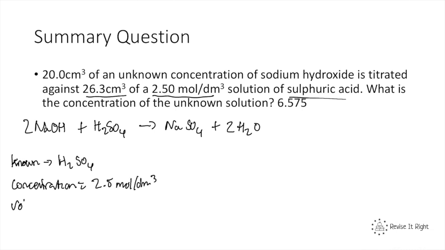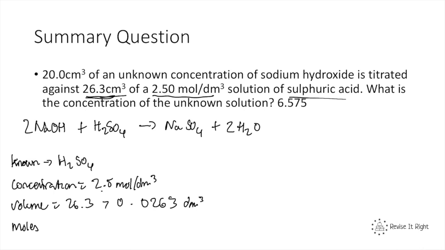And then our volume is 26.3. But we need to convert that to decimeters cubed, so we're going to divide it by 1,000 to get 0.0263 decimeters cubed.